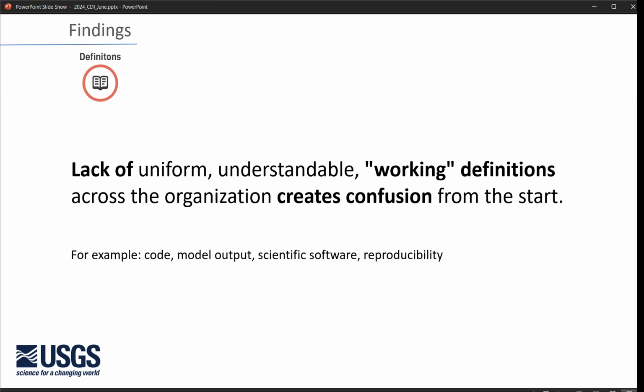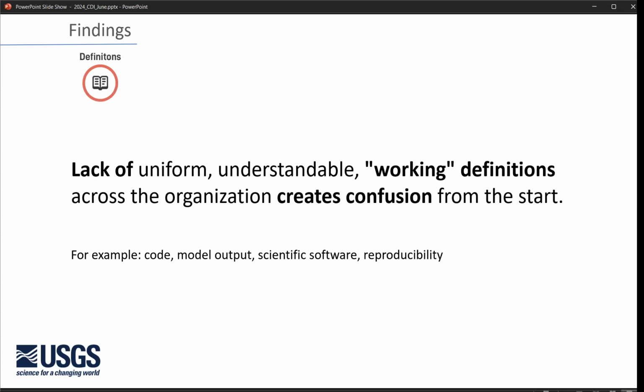There's a lot of diversity in people's working definitions across the organization, and so different centers, different offices might have people that have different working definitions of some terms. So examples: code, model output, scientific software, reproducibility. Different working definitions of those words lead to very different practices.